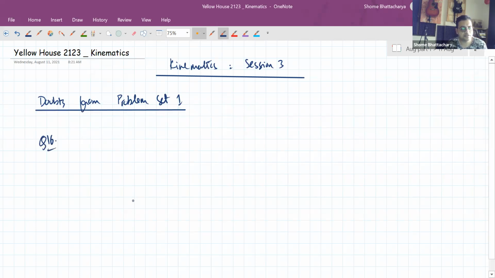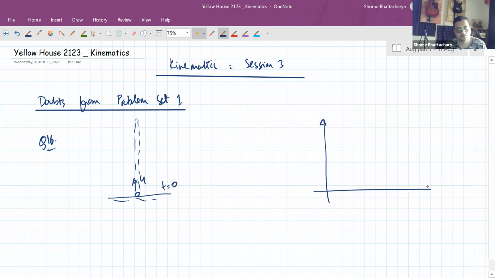We had seen that in general, if you project an object at u at t equal to 0 from the ground, going up and coming down, its vertical displacement as a function of time looks like this, no? So at T by 2, it reaches the maximum.